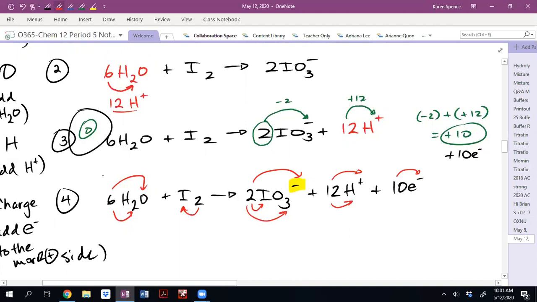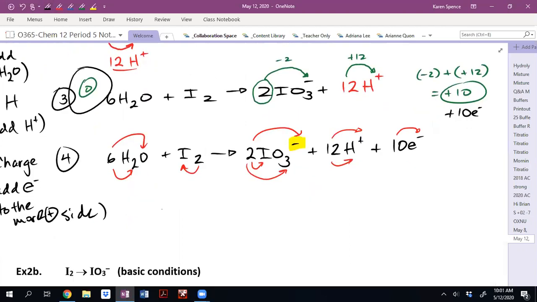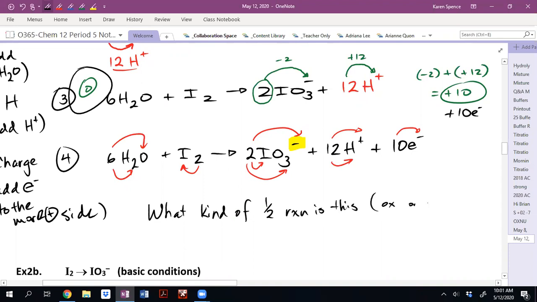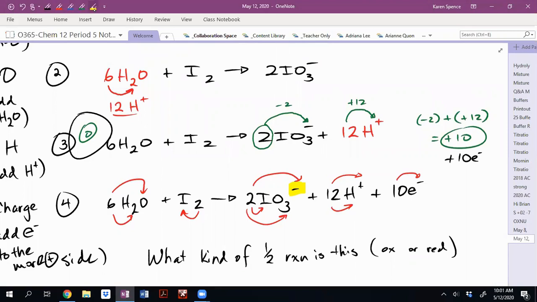All right. What kind of half reaction is this? Is it oxidation or reduction? Okay, once again, the electrons are coming out.